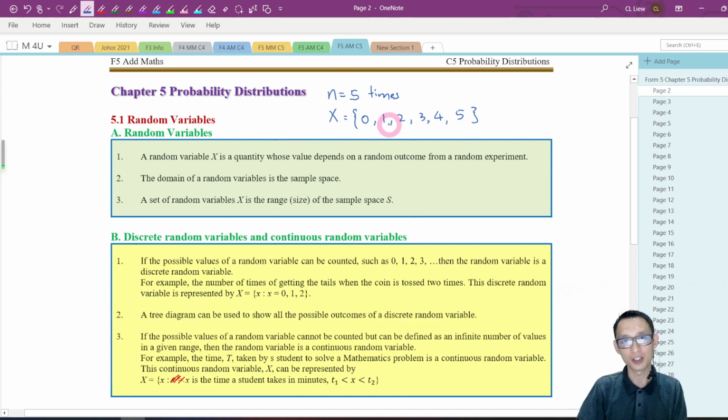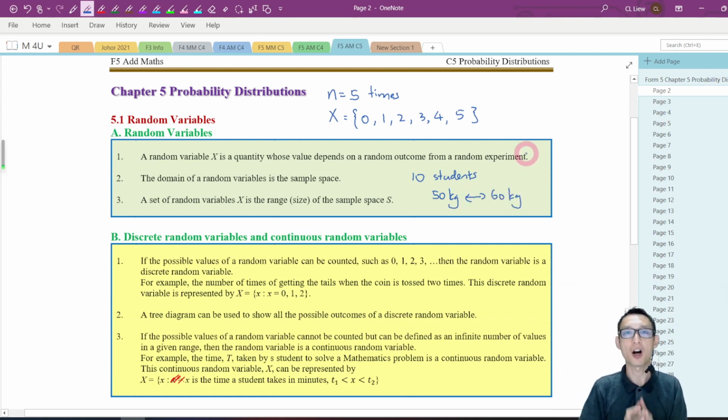Whereas for continuous random variable, we cannot count it, but we can measure it. For example, let's say I have a class consisting of 10 students, and given that their body masses are from, maybe I write this one for you first, from 50 kilogram to let's say 60 kilogram.